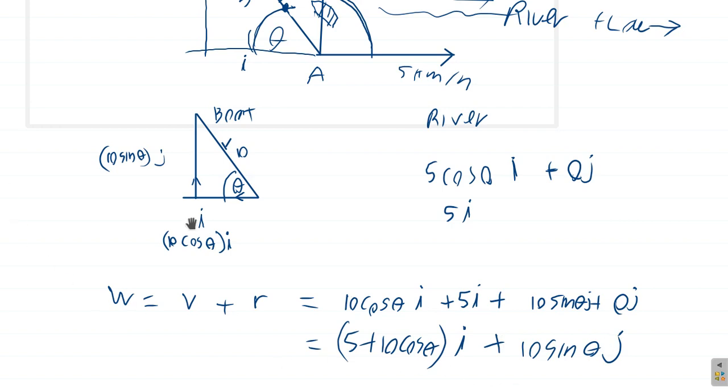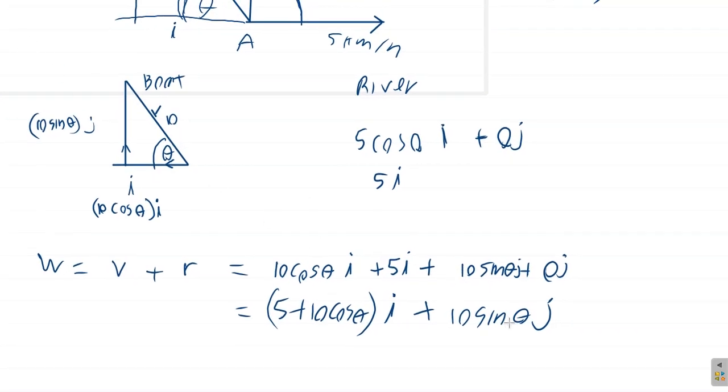All right, the j is the movement straight across. This will be the component going straight across, 10 sine theta, the vertical component of the movement of the boat going straight across the river. This now is the horizontal component, the movement in the direction of the river, I mean.